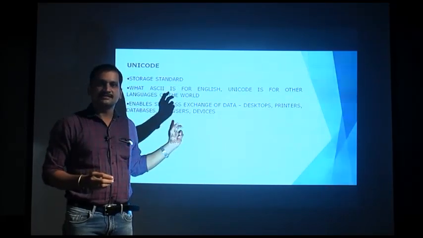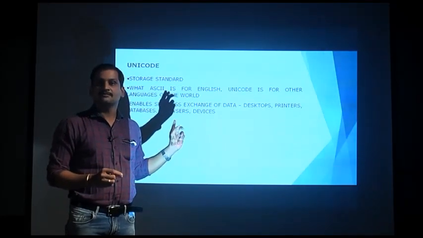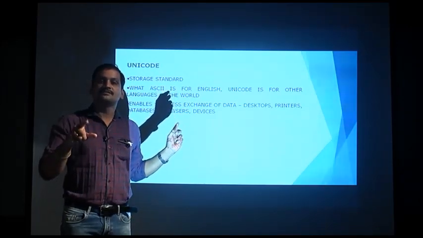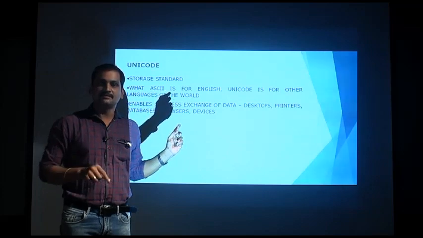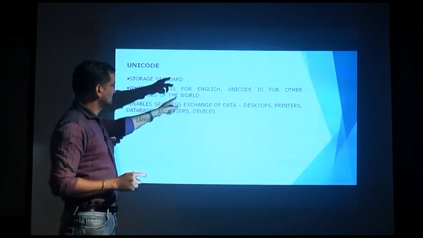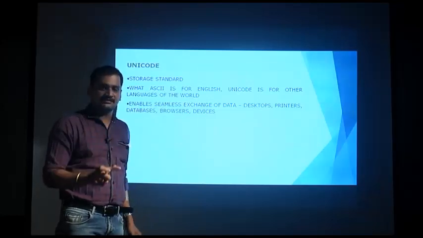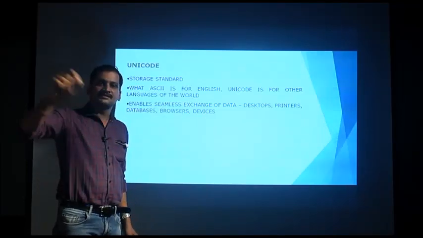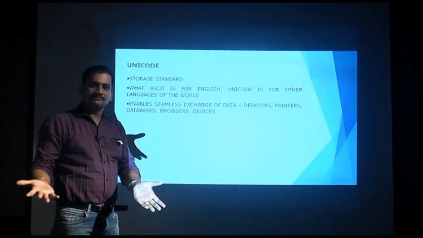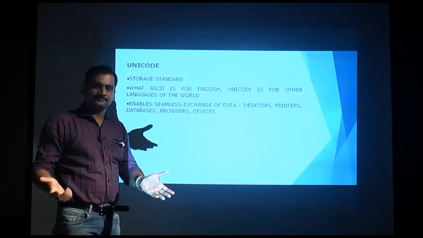But by using ASCII, we can only represent 128 characters, because it uses 7 bits. Using EBCDIC, which uses 8 bits, we can represent only 256 characters. But by using 16 bits in Unicode to represent a character, about 65,000 characters can be represented for all the languages throughout the world, whatever their different characters.